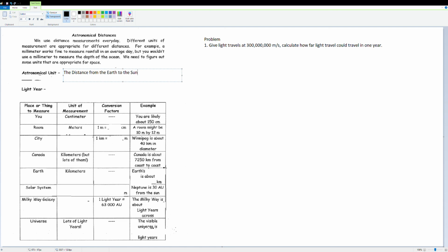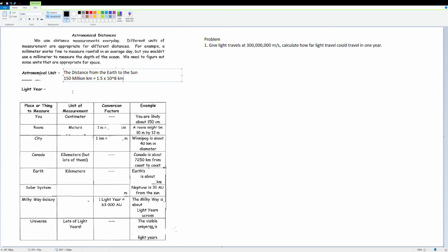This is equal to 150 million kilometers. We could also write this in scientific notation as 1.5 times 10 to the power of 8 kilometers. So that's the first one we're talking about, the astronomical unit.